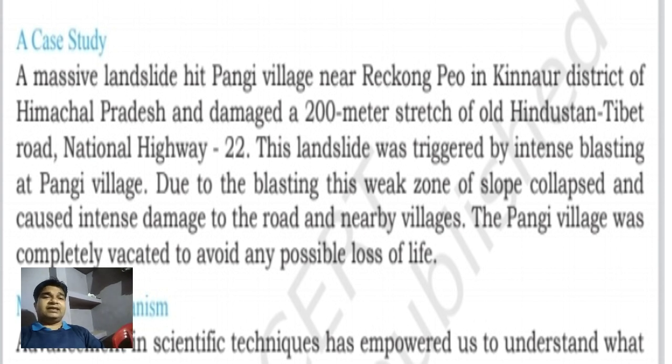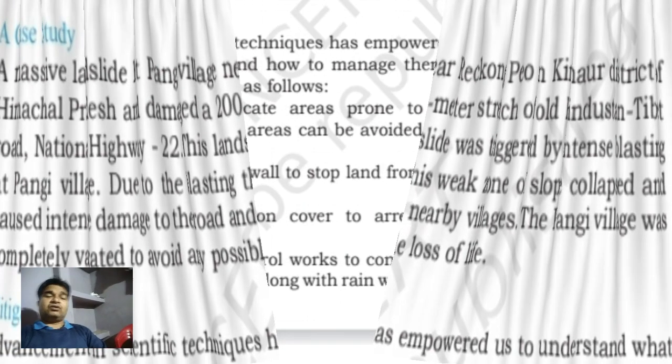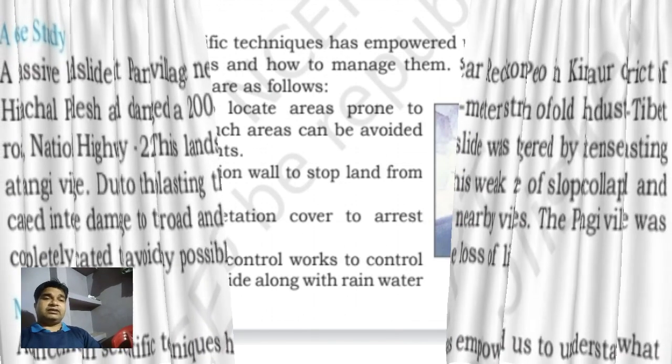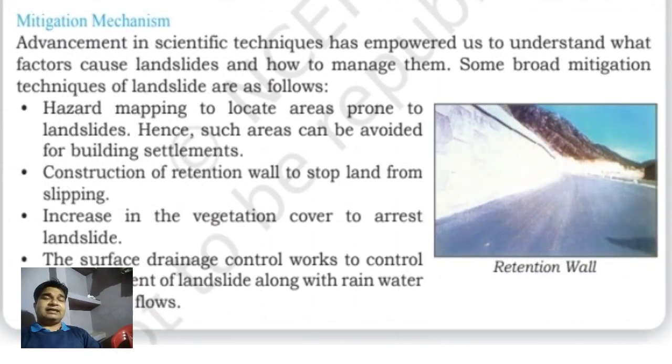The Pangi village was completely vacated. Vacated means khaali karna. Everyone left that place to avoid any possible loss of life. So the government wants that nobody should die. So whenever there is any landslide or earthquake or volcano, they shift the people to different places.